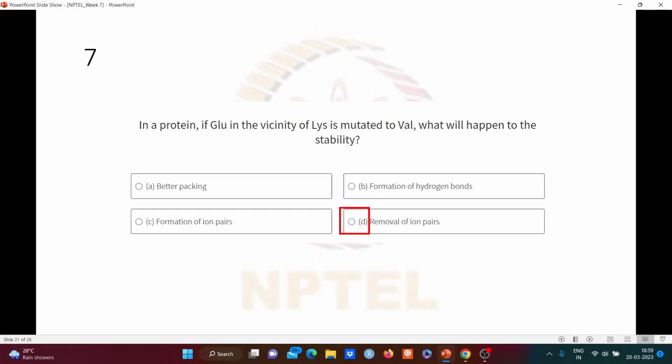Yes, it causes removal of an ion pair. So we are removing an ion pair when a polar or charged amino acid is replaced with a non-polar one.